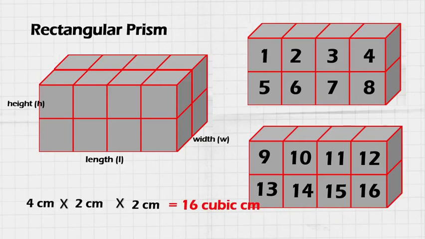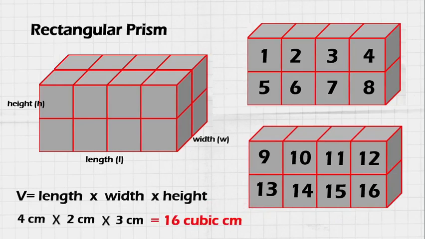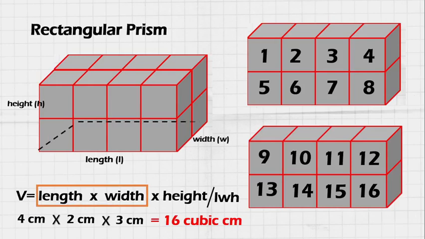This means that to get the volume of the prism, we can simply multiply the length times width times height, or LWH. Also, we can observe that length times width is the area of the base of the solid figure.